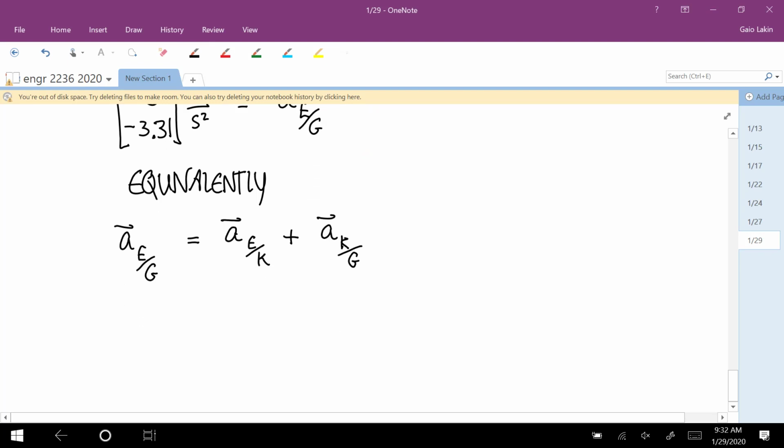And then this one makes sense, the elevator relative to the ground. This one makes sense, the keys relative to the ground. The one that we don't have any expression for is the acceleration of the elevator relative to the keys.